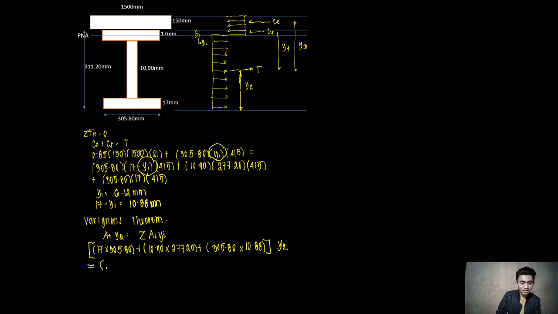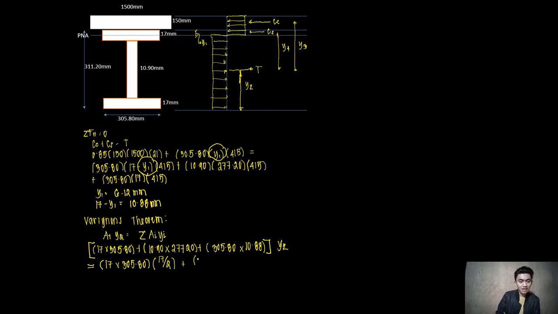So I will have 17 times 305.80, multiplied by its distance, which is 17 over 2.